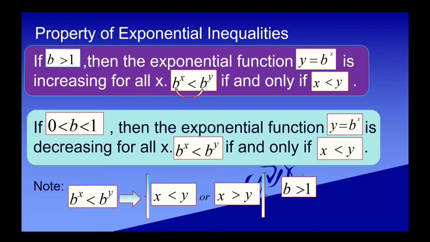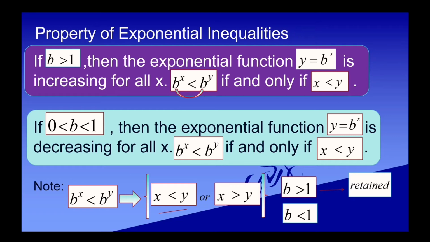So kapag ang base natin is greater than 1, mas malaki pa kaysa 1, for example, given b raised to x is less than b raised to y, the direction of our inequality must be retained. Yan ang resulting direction of inequality, x is less than y.